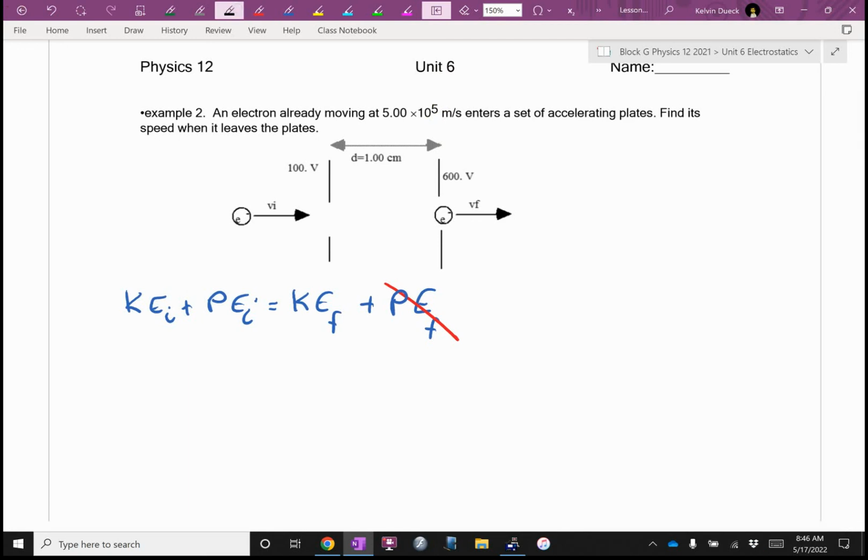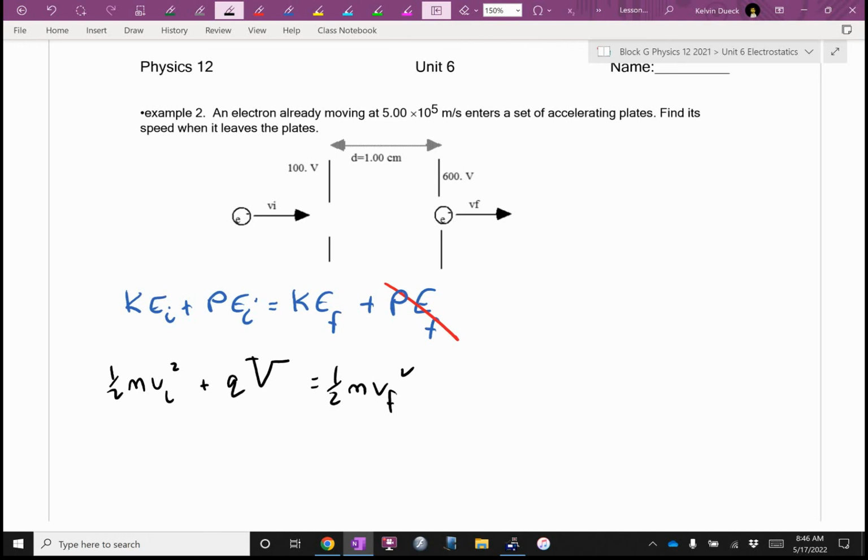We're still going to have kinetic energy, a half mv initial squared, plus qV, not mgh, equals a half mv final squared. Nothing really cancels.